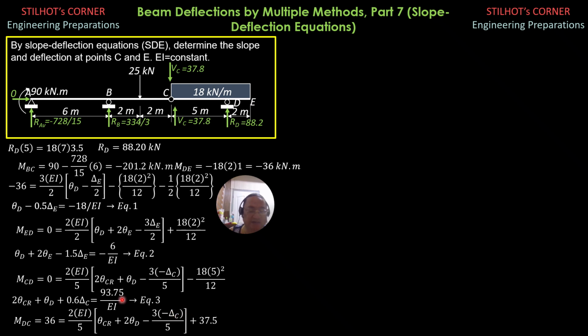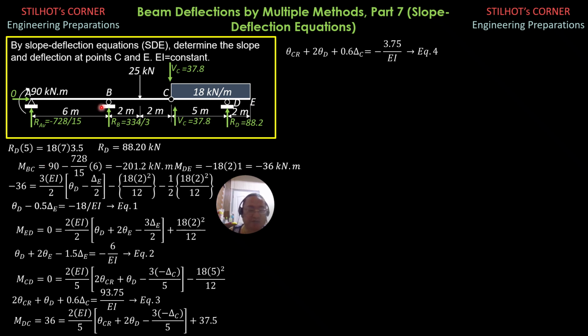The fixed moment is from equation 3, by symmetry 37.5. Simplifying, theta C right plus 2 theta D plus 0.6 delta C equals negative 3.75 over EI. Call that equation 4. Again, we cannot solve 3 and 4 simultaneously because they involve 3 unknowns.